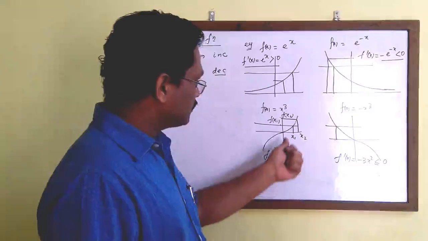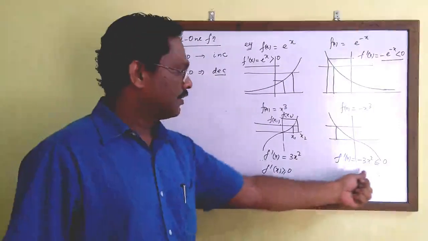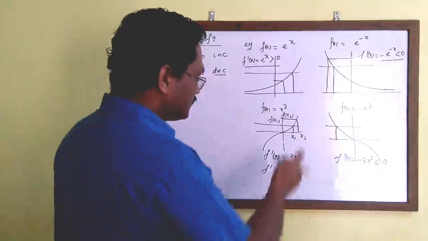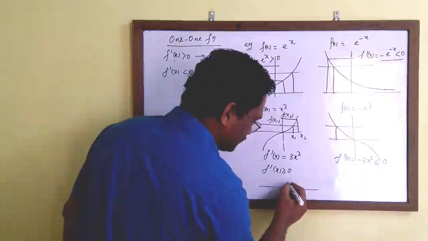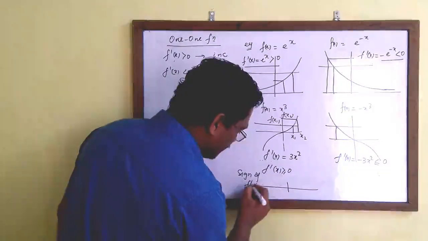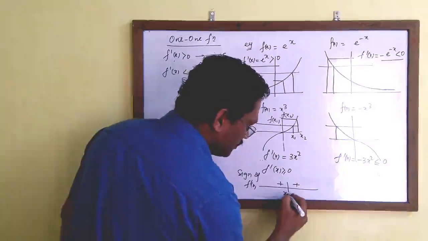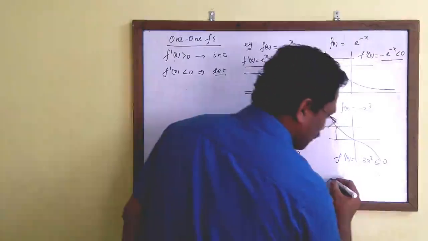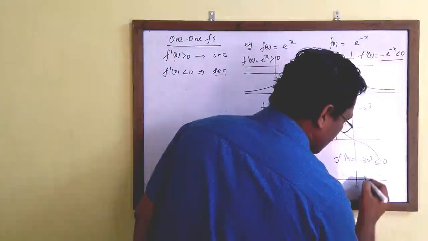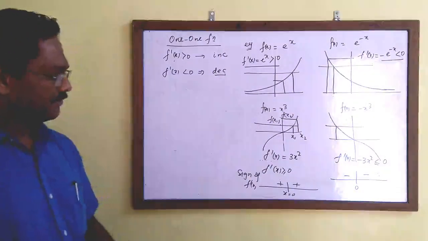So how do I understand that despite f dash x being equal to 0, I am not getting a critical point? The simplest way of judging this is by the sign of f dash x. The sign of f dash x does not change at the point x equal to 0. Here also, at x equal to 0, the sign does not change. On both sides it's negative.